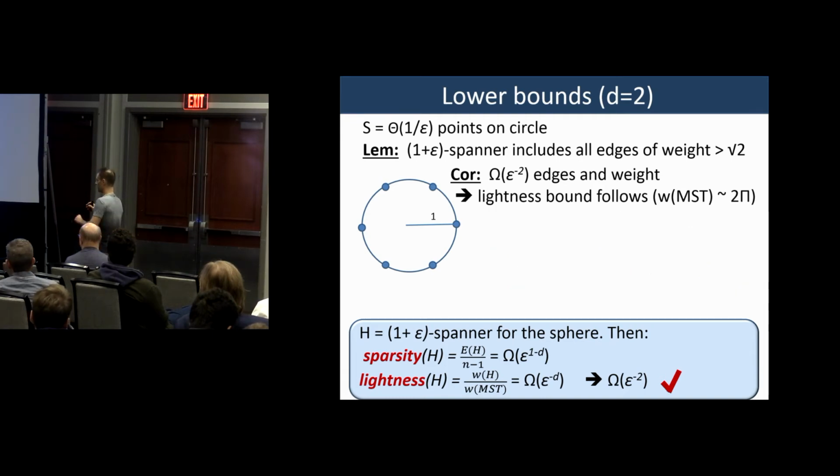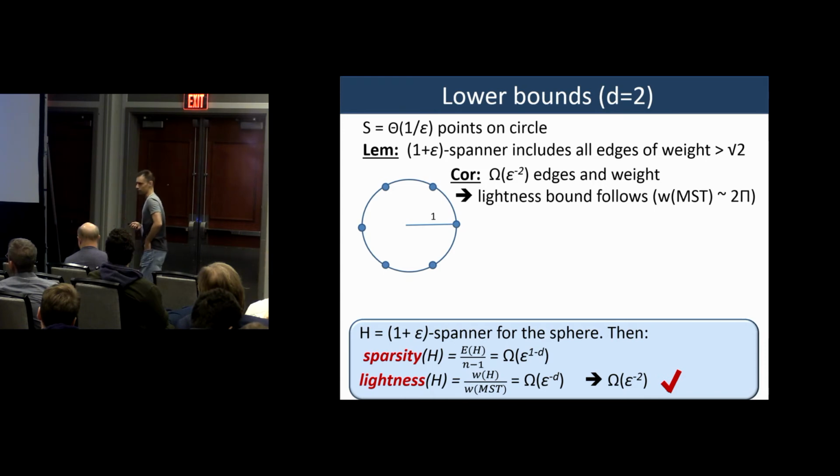To be more precise, we actually need to throw some more points so that there are n points overall. But we just throw all of them to coincide with one arbitrary point that is already in the points that you see. And this doesn't change the weight of the MST. And it also doesn't change the argument. So the lightness is fine.